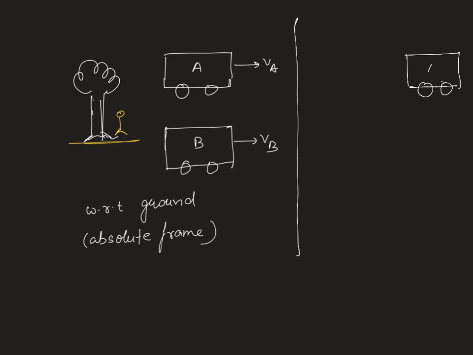Now your observer is at A, and A comes to rest. With respect to itself, the person thinks that the vehicle A is at rest. Now what happens to that tree?